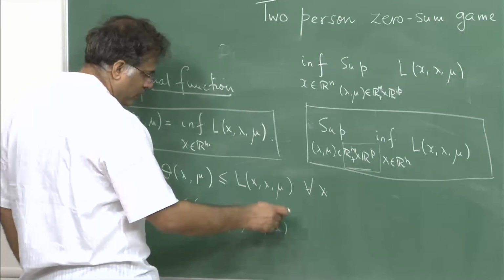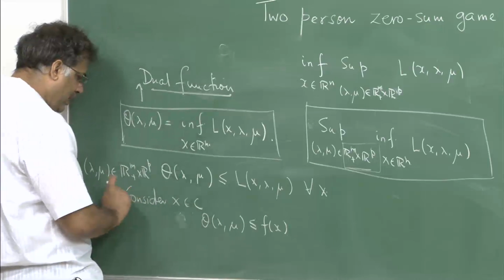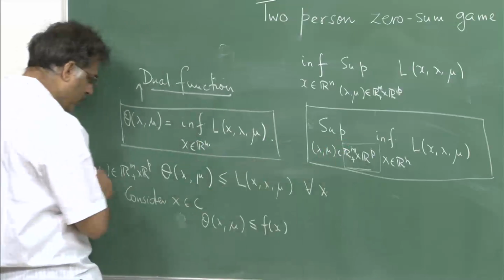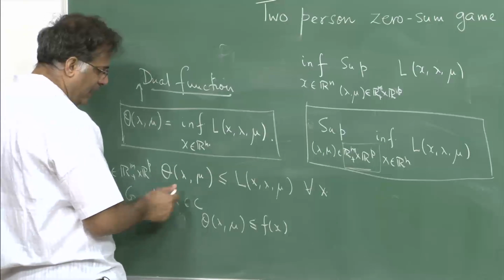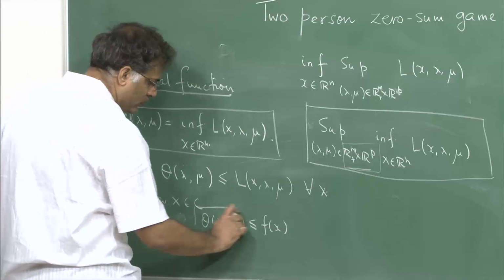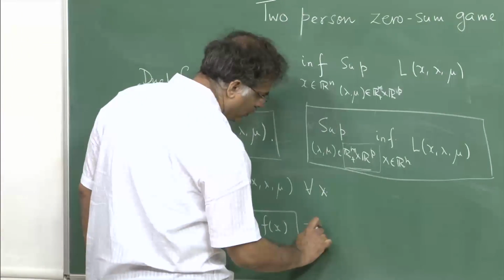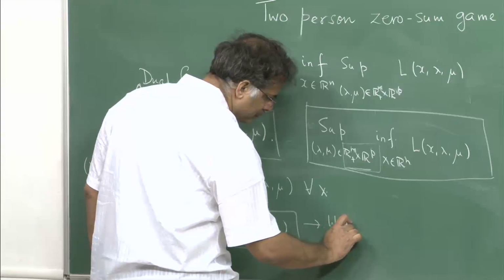So, finally, that whole thing is less than f x. So, for any pair lambda mu from the dual feasible set and any x from C, this is always holding. So, this result is called the weak duality.